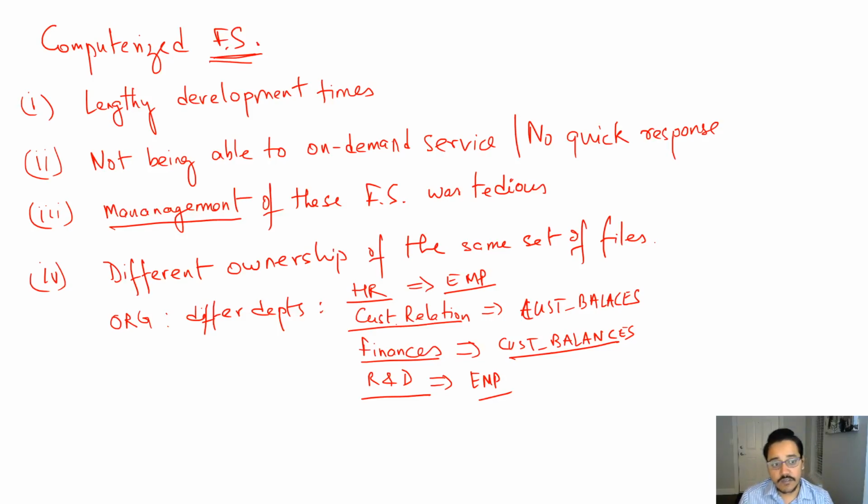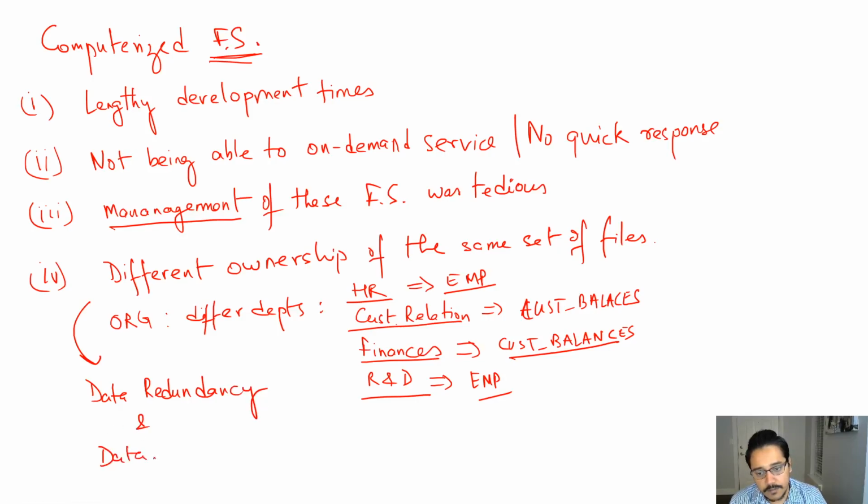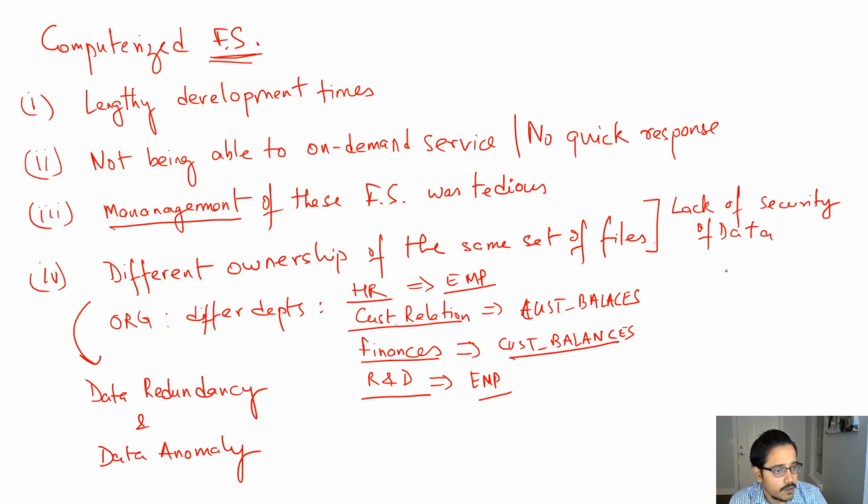So this final issue led to the problem of data redundancy and data anomaly, right? It also created an issue with respect to lack of security of data, as well as limited data sharing.